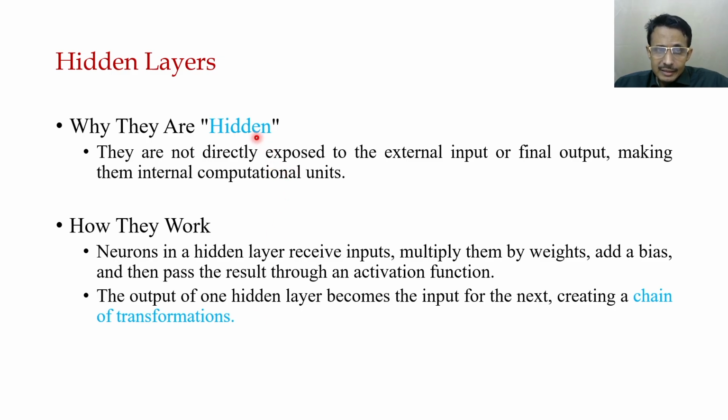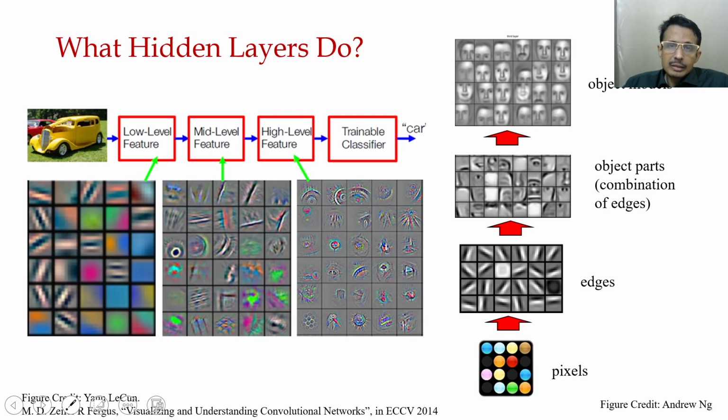Okay, so with this understanding of hidden layers, our neural networks have many hidden layers, or we can say our deeper structure has many hidden layers. We are trying to understand how we are going to represent the input in different layers or different levels of abstraction.